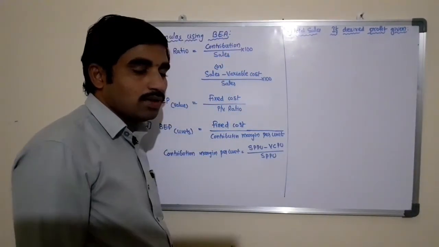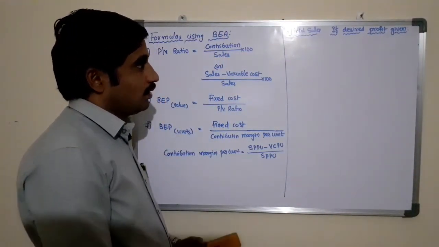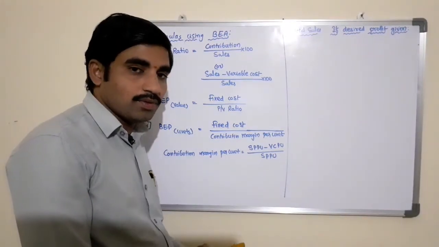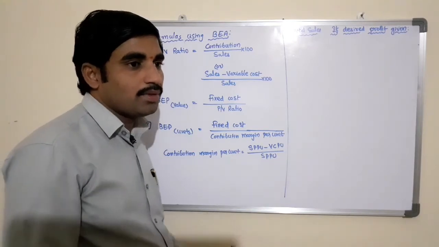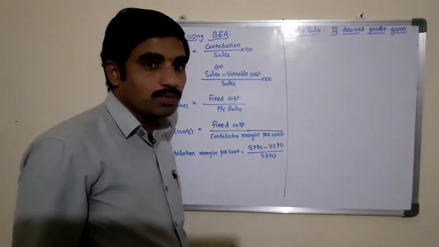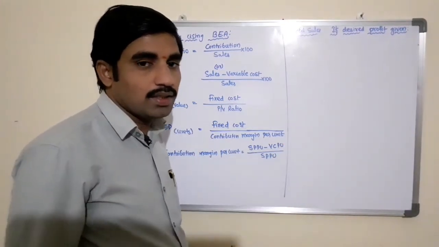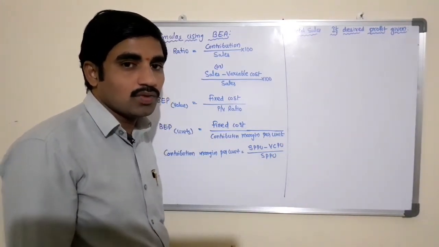For example, I would like to generate 1 lakh rupees in terms of profits, not the revenue, profits. Then how many number of sales I should conduct in the market in order to achieve my profits or the target, that is 1 lakh.